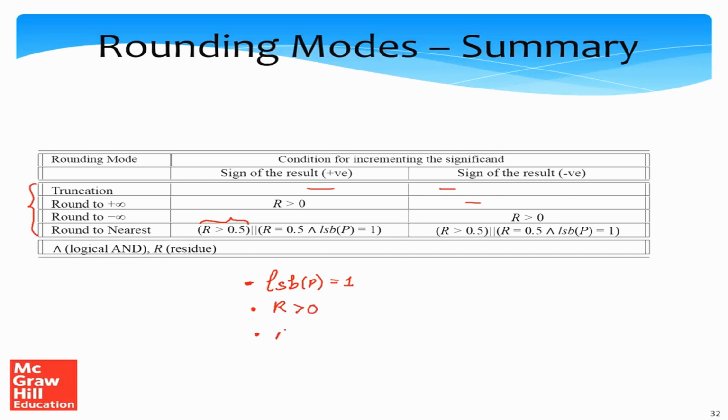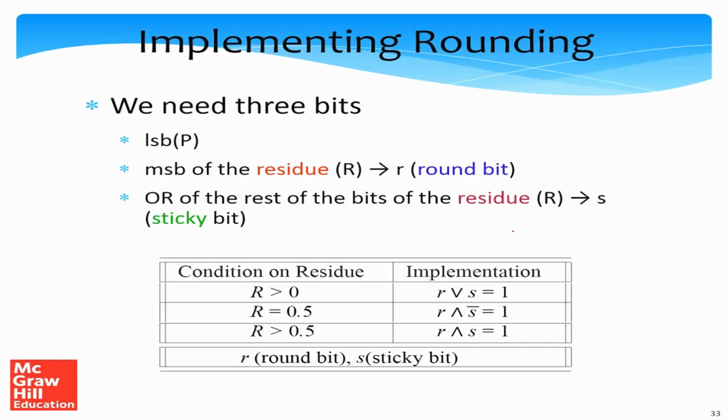The third circuit needs to compare the residue with 0.5 and see if the residue is greater. And fourth, you need to compare the residue with 0.5 and see whether it's equal. If we can compute the values of all four of these expressions, then we can compute all the rounding conditions. So this is exactly what we need. We need the least significant bit of p. This is very easy to get.